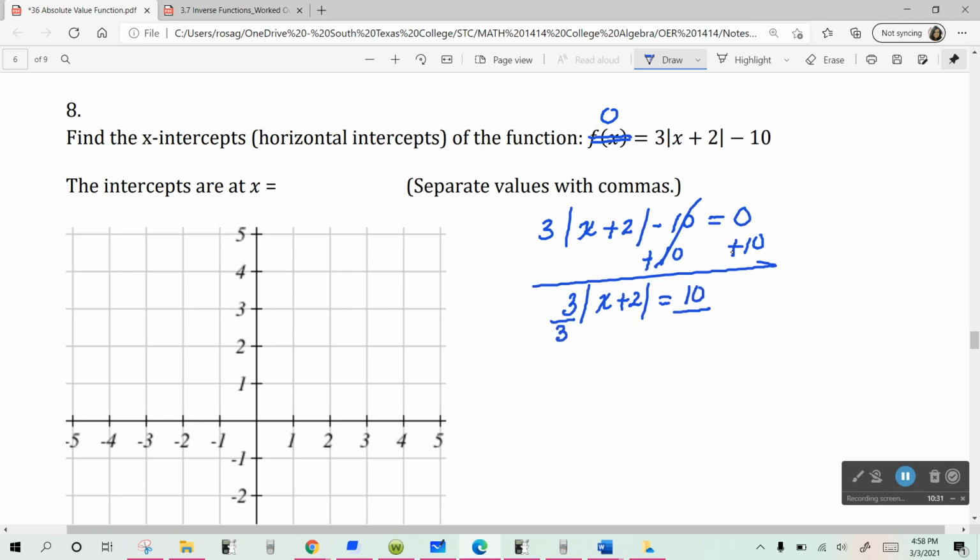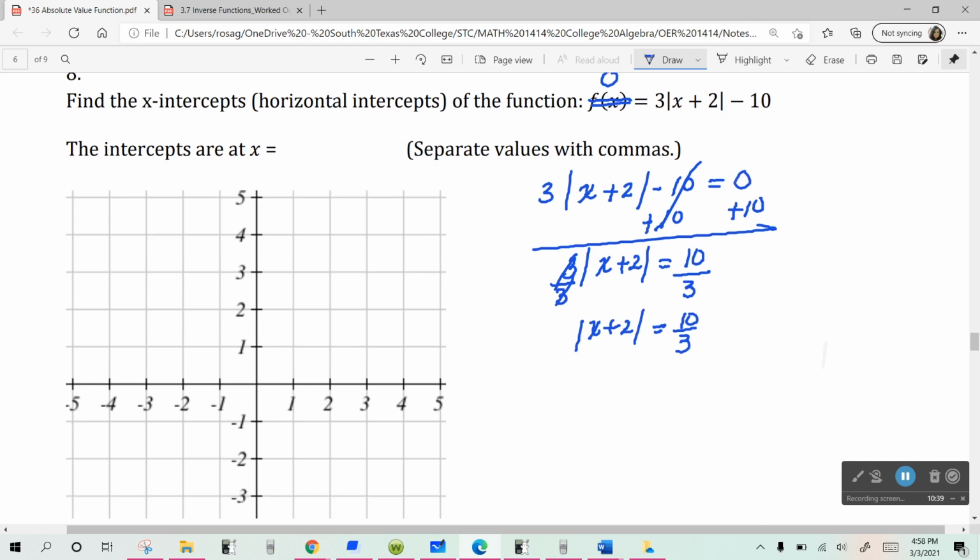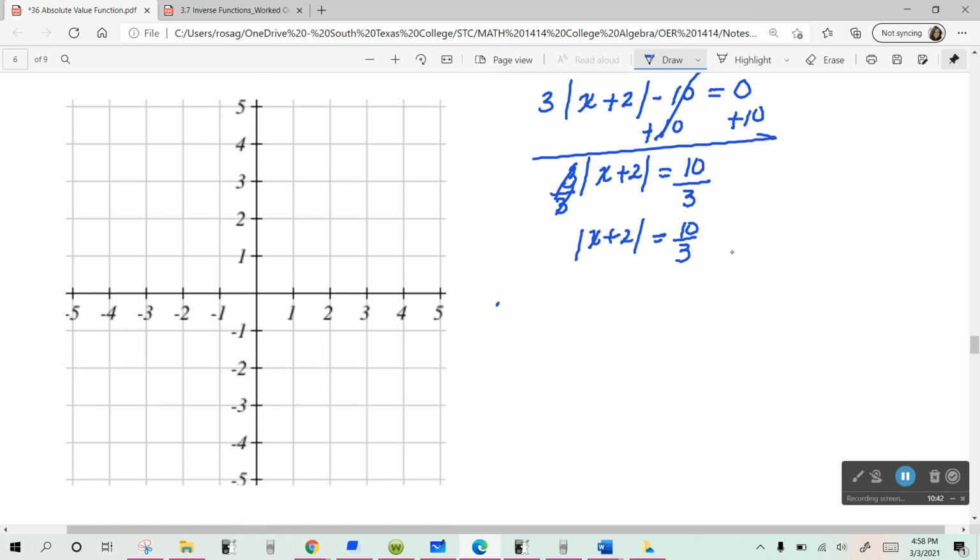Divide by 3. And then it's going to be x plus 2 equals 10 over 3. And then negative x minus 2.